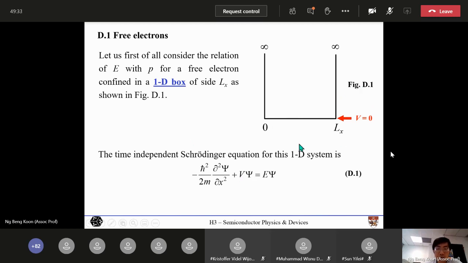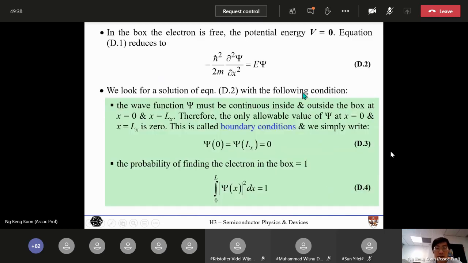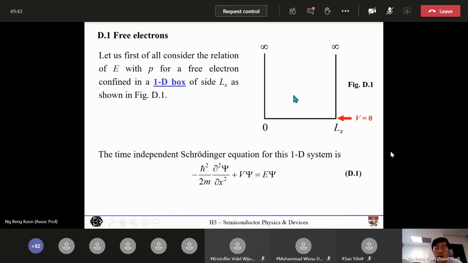So if you do that and plug it into the Schrödinger equation, we can now try to solve it. If we define the well region where the electron is mostly found as V equals 0, and we solve the Schrödinger equation in this region, then we set this V psi term to 0.